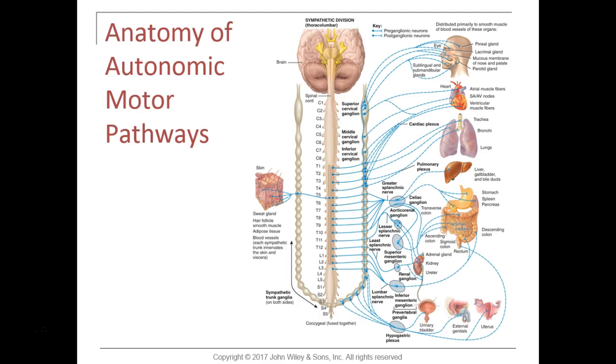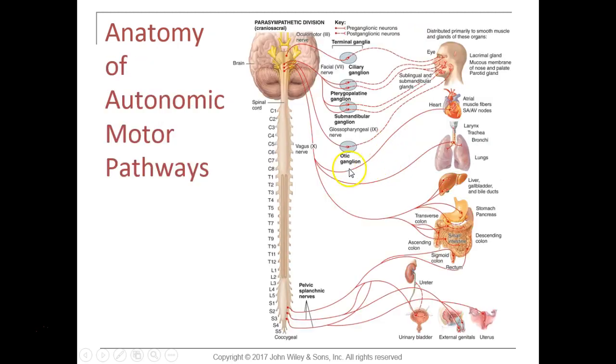They need more blood flow to them. So the sympathetic nervous system increases cardiac function, whereas the parasympathetic nervous system decreases cardiac function. So that's what we call a dual innervation.